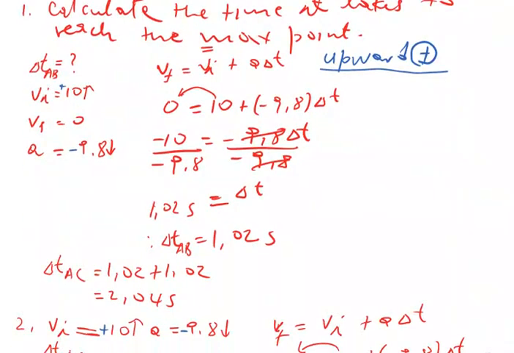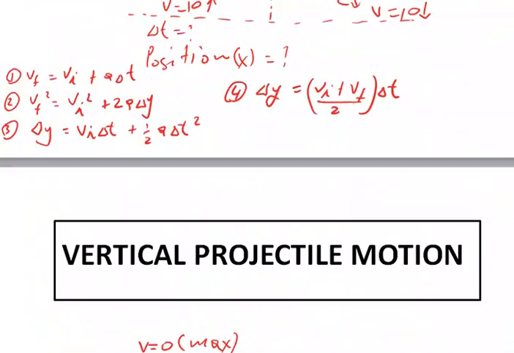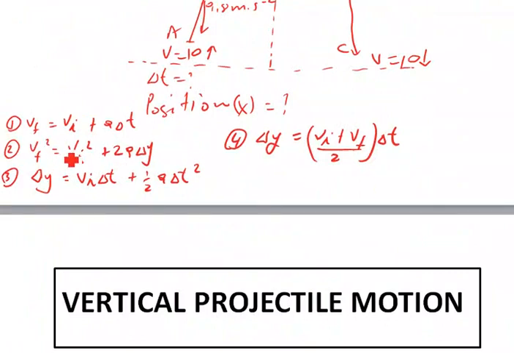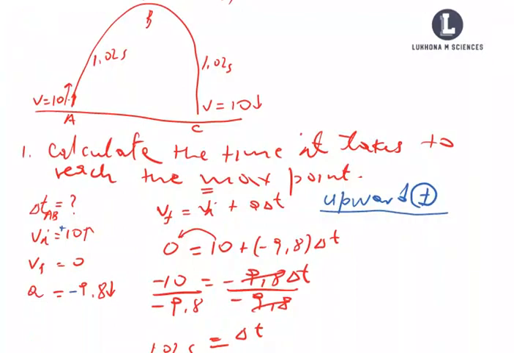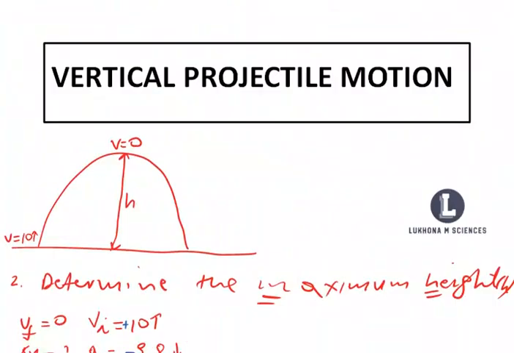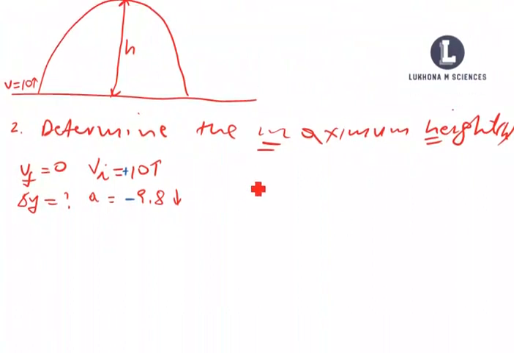That is supposed to be equation number 2 of our equation. So we have final velocity, initial velocity, a, and delta y. So we're going to use that one for the maximum height.